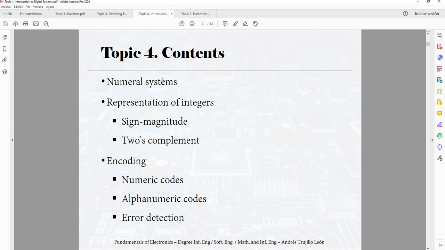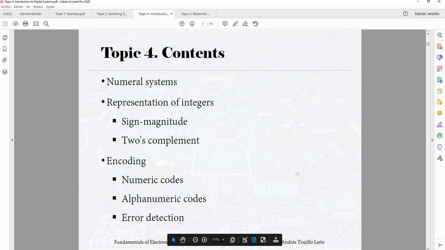We are going to see the numeral systems that you are familiar with, even if you don't know yet how to represent integers using digital codes, and other codes: numeric, alphanumeric, and maybe error detection.